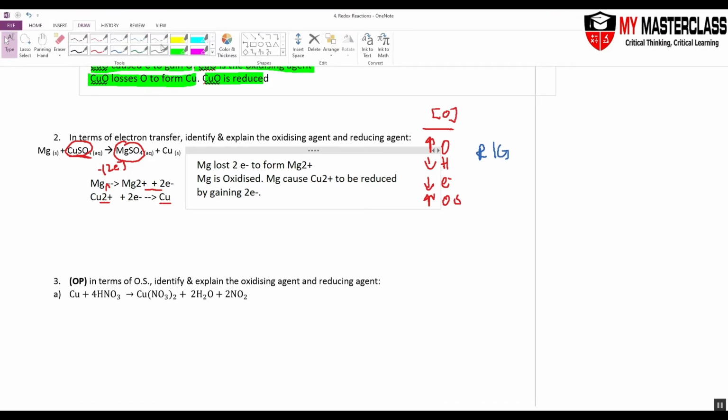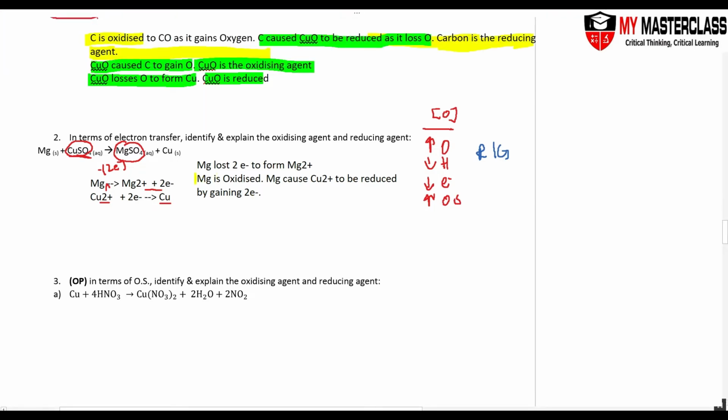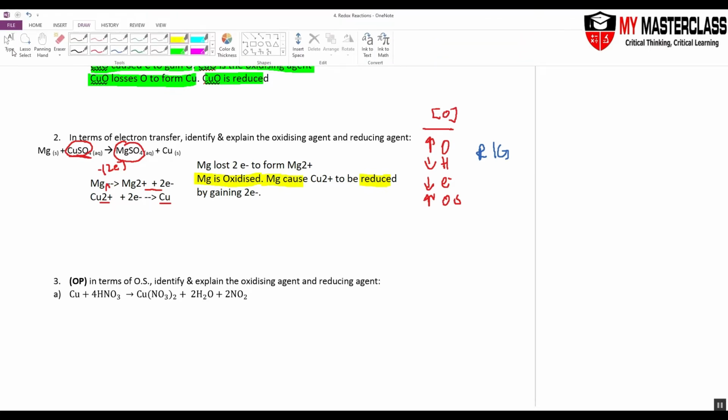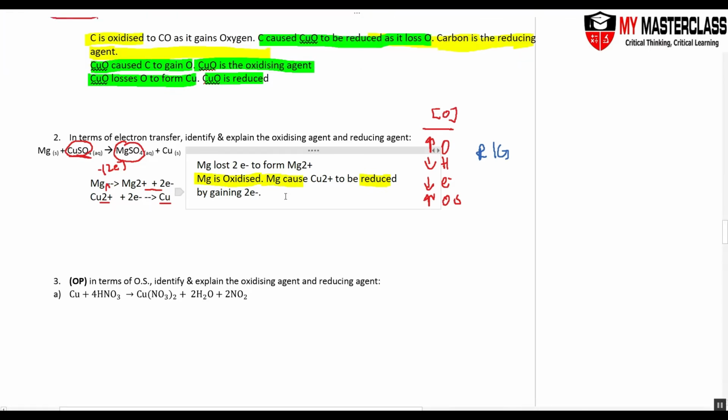So magnesium is oxidized, it undergoes oxidation, but magnesium causes the reduction. So magnesium is the reducing agent. This follows the trend that something that is oxidized is the reducing agent.